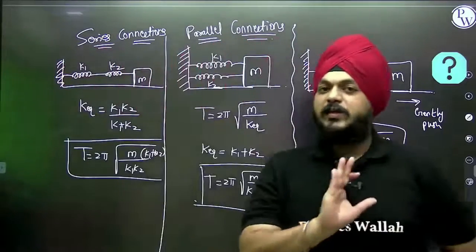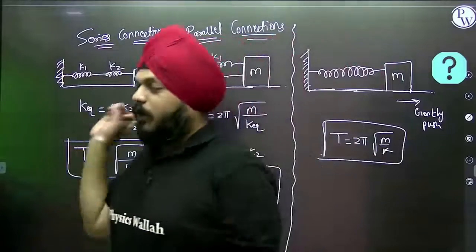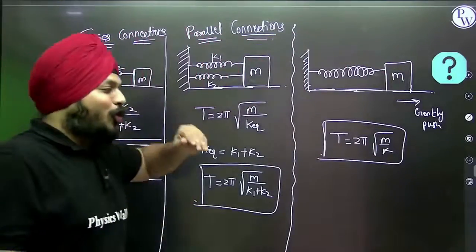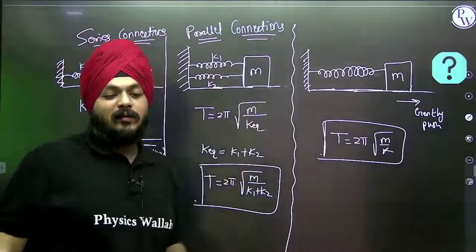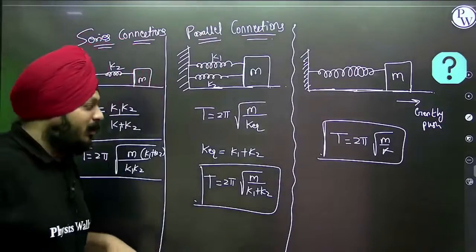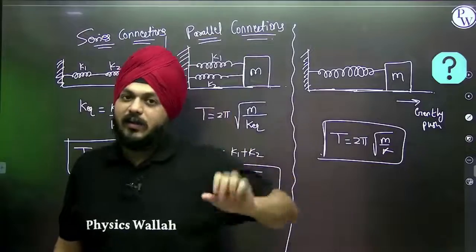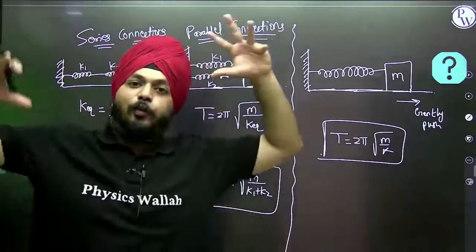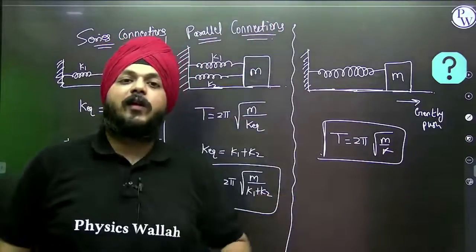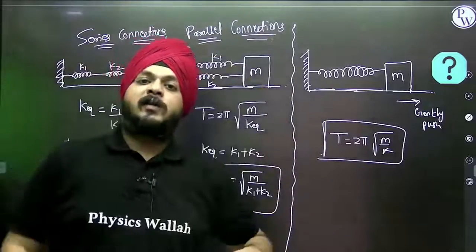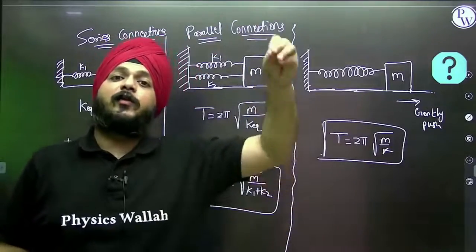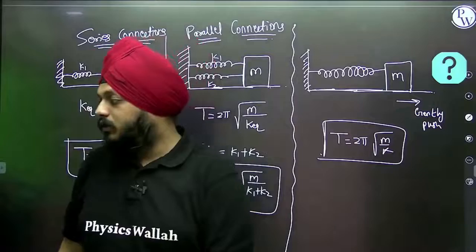These are very basic formulations. Now in this, 2 to 3 methods are there. Sums based on this are asked in JEE Mains and Advanced. A lot of pulleys and spring-mass systems, complicated systems, are given, and we need to calculate the time period of the SHM of the particle.